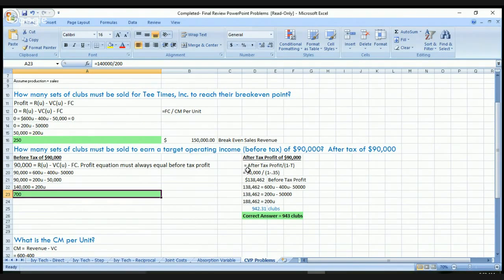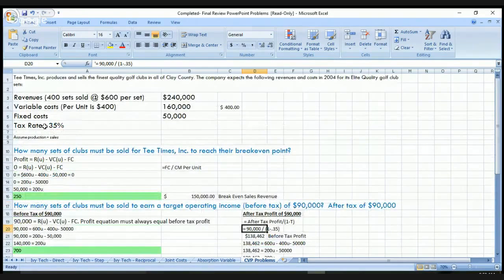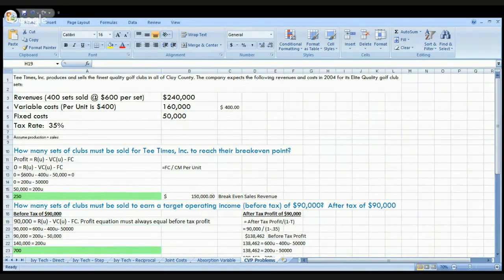Now, the next thing I'm going to do is the after tax. Well, my tax rate is 35%. So I'm going to take my after tax, my before tax income, and set it equal to x over 1 minus 35%.